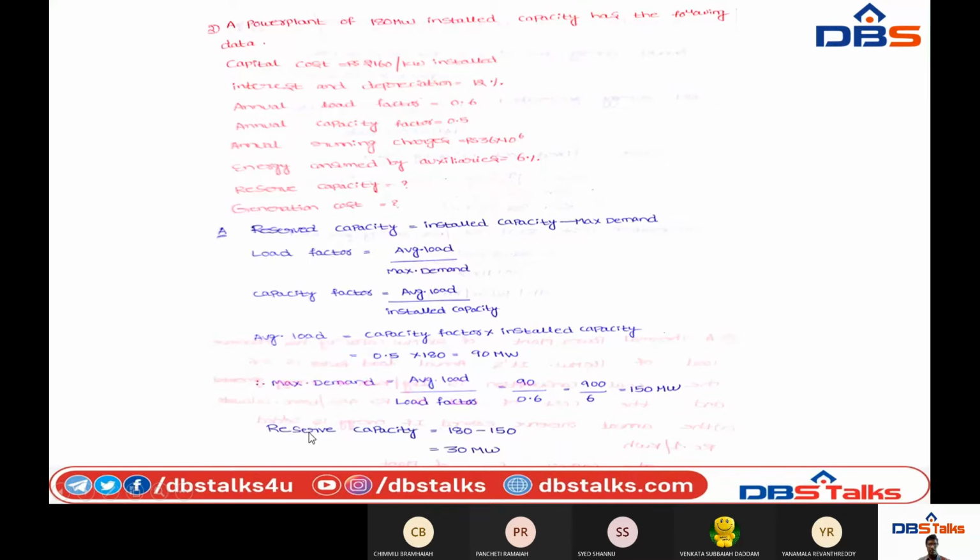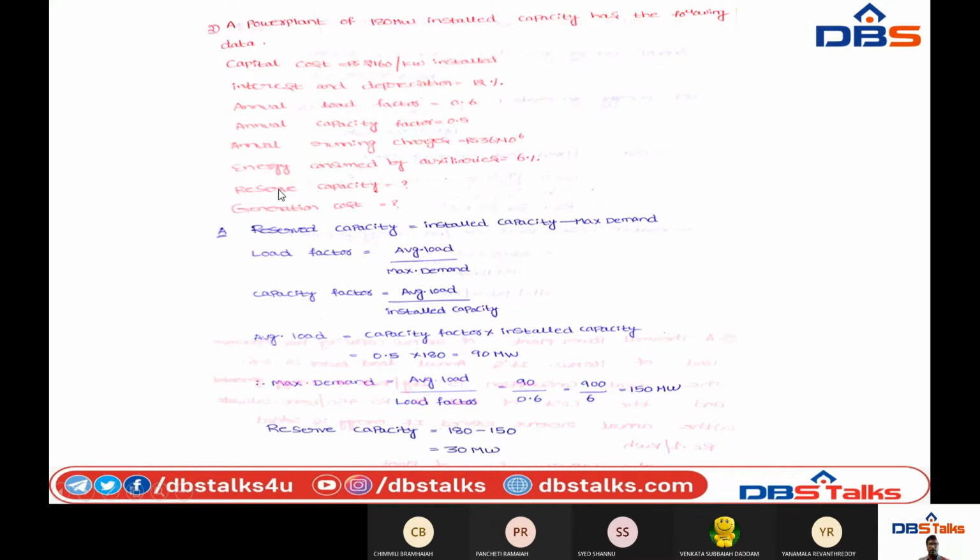Then we find the reserve capacity easily by subtracting the maximum demand from the installed capacity of 180 megawatts: 180 minus 150 equals 30 megawatt.